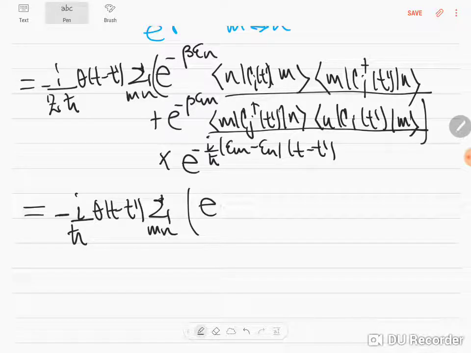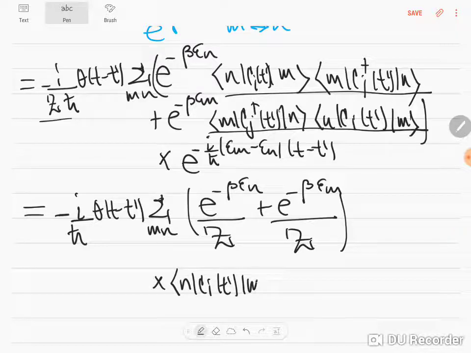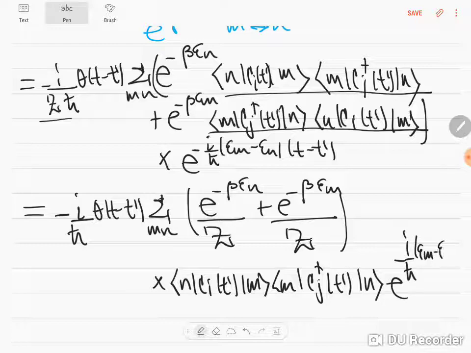So we have e to the minus beta En plus e to the minus beta Em. We had the partition function here, now we put it inside to divide both of these exponential terms. Then we have times the bra n, ci of t prime, ket m, the bra m, cj dagger of t prime, ket n, times e to the minus i over h bar (Em minus En).